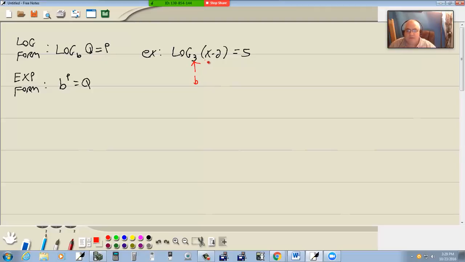Then q is what follows that. So whatever's right here is q, and then the other side of the equals is your p. Now after you got those identified, then you're going to plug them into your form here. B to the p is equal to q. B we said was 3, p is 5, and q is x minus 2. And that's our answer.